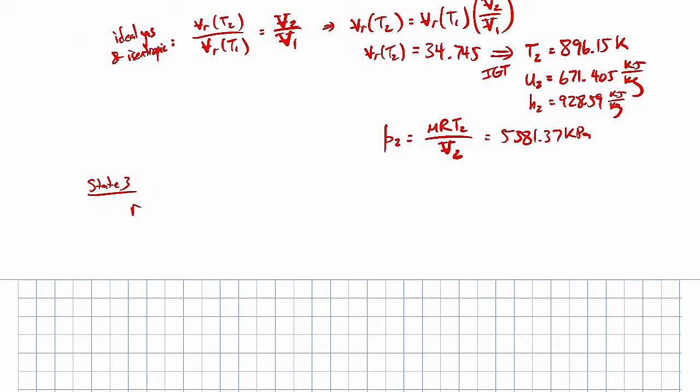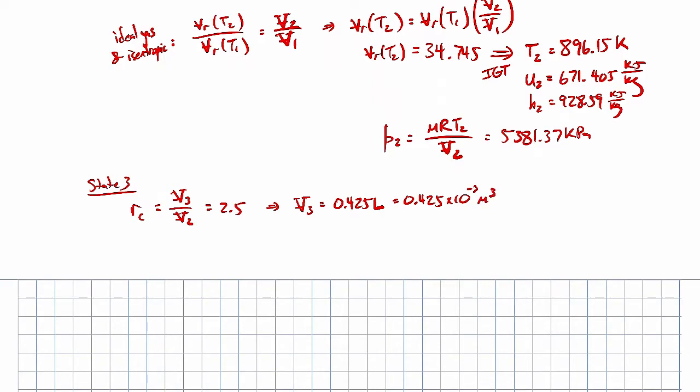So the cutoff ratio, RC, is the volume at 3 over the volume at 2. And we're told in the problem statement that the cutoff ratio is equal to 2.5. So we can then find V3, because we know the volume at 2, that's 0.425 liters, or 0.425 times 10 to the minus 3 cubic meters.